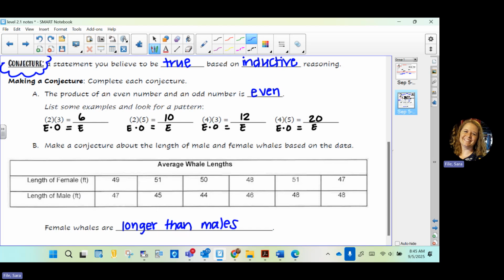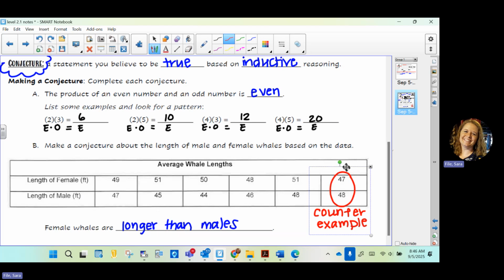Is it always 100% true? No, because we can see over here, there's this one instance that it's not, okay? And we're going to talk more about that later, but this is called a counterexample.